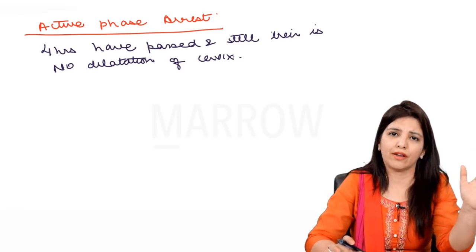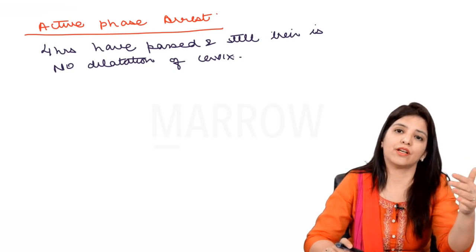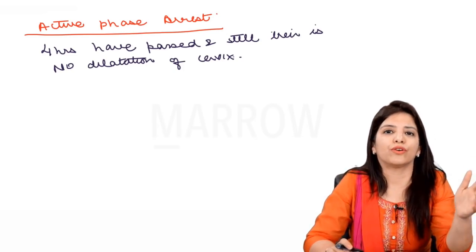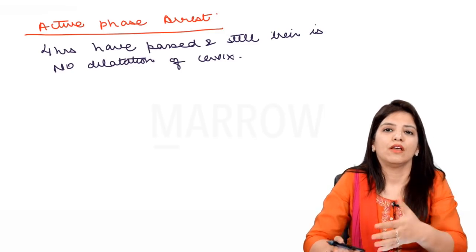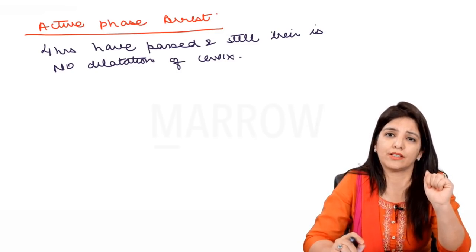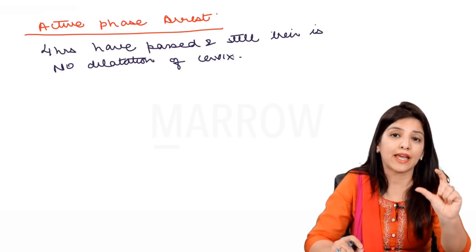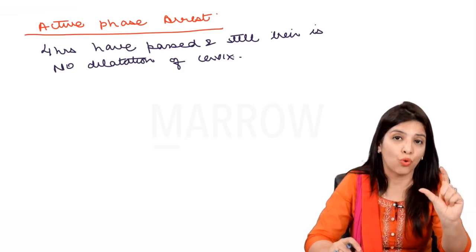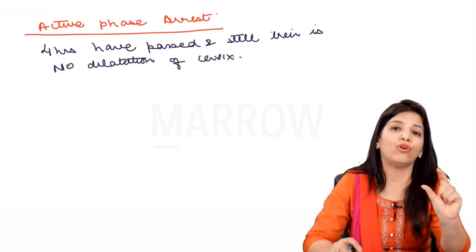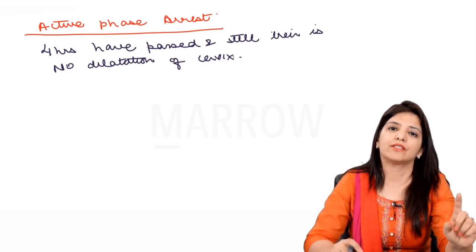Once you come back after 4 hours, around 2 o'clock, you ask your intern what the dilatation is, and she says, ma'am, still it is 6 centimeters. If the patient remains at the same dilatation for 4 hours, then you call it active phase arrest.